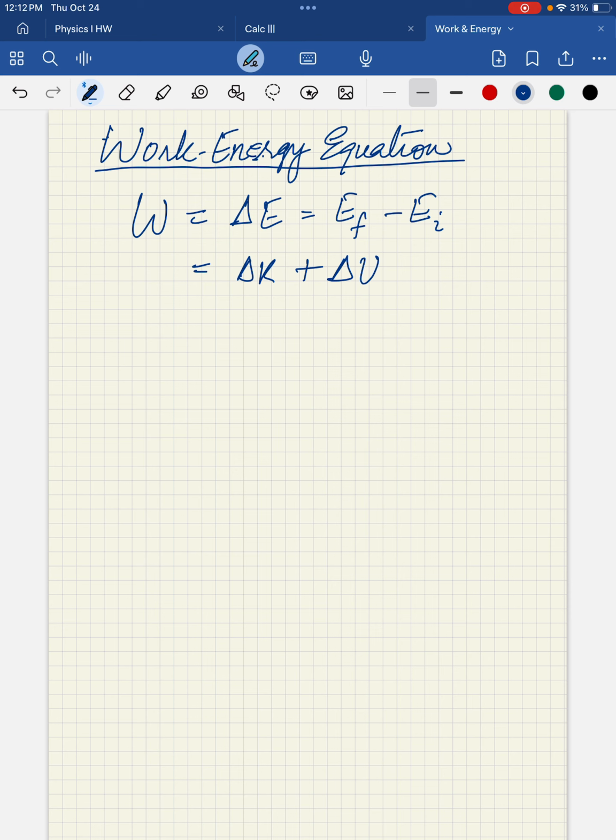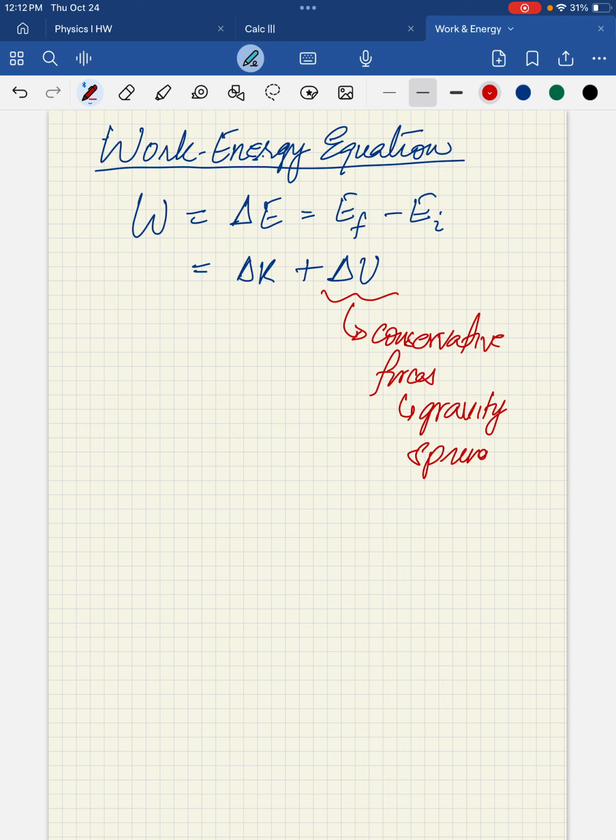Now the forces that can be acting on the system or an object could be conservative forces and non-conservative forces, right? The way this equation is set up is that this portion, the delta U, takes care of the conservative forces like gravity and spring forces.